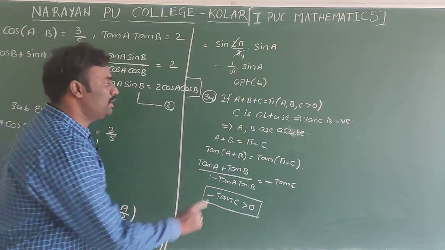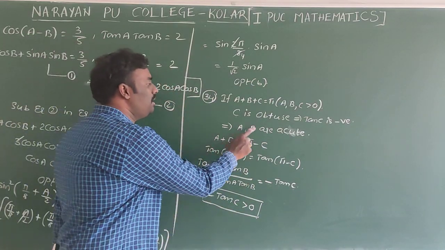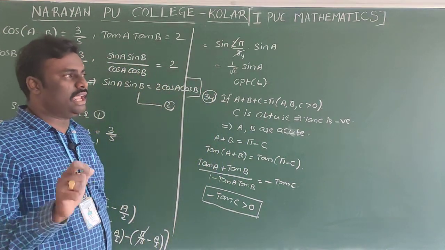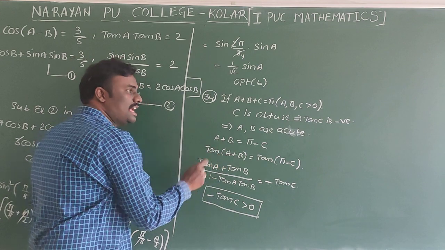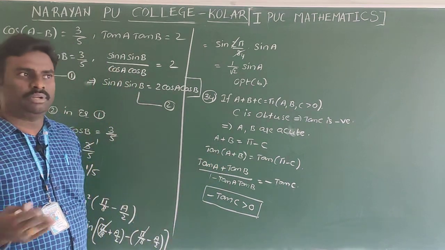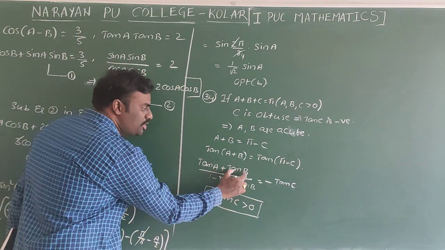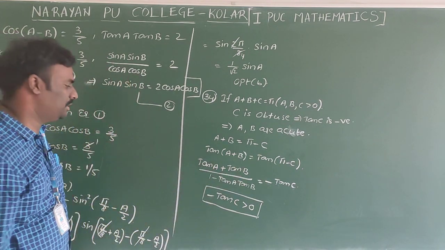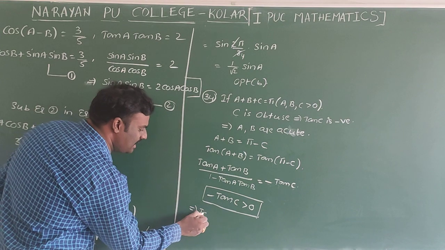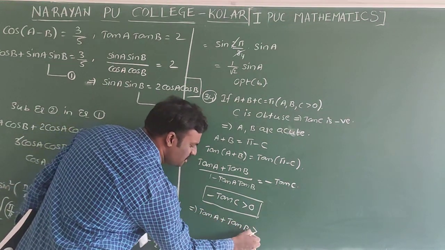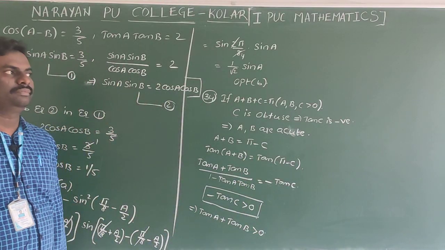Okay. Next, coming to A and B. A and B are acute angles, 0 to 90. If you take an acute angle, is tan A plus tan B positive or negative? You take tan 30, tan 45, all are positive only. The sum of two positive values is again positive. That implies tan A plus tan B is also greater than 0.